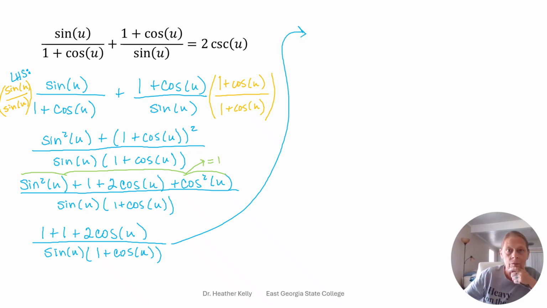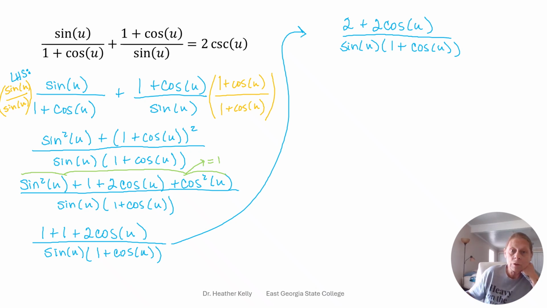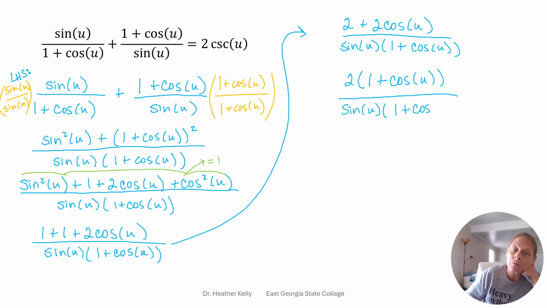So next we're going to have a 2 plus a 2 cosine u over our sine u times 1 plus cosine u. Now you notice we can factor something out of that numerator. We can pull a 2 out and we'll be left with 1 plus cosine u over our sine u times 1 plus cosine u.